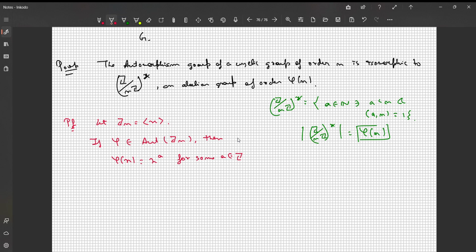We are actually considering the multiplicative form of writing, nothing else. Clear? And also a uniquely determines psi, because this is an automorphism, so it's a 1-1 mapping.